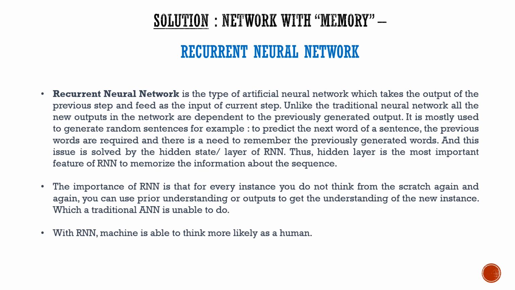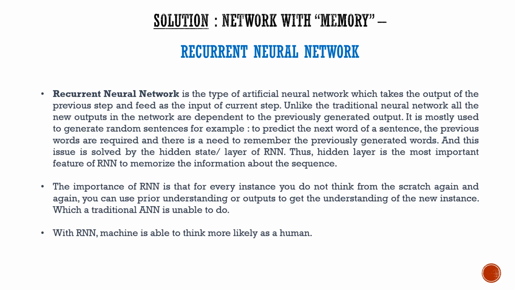It is mainly used in cases where we need to remember the previously generated data, and it is memorized in the hidden layer of the RNN. The importance of RNN is that it uses the prior understanding or the prior outputs to get the understanding of the new instance. Thus, the machine is able to think more like a human.